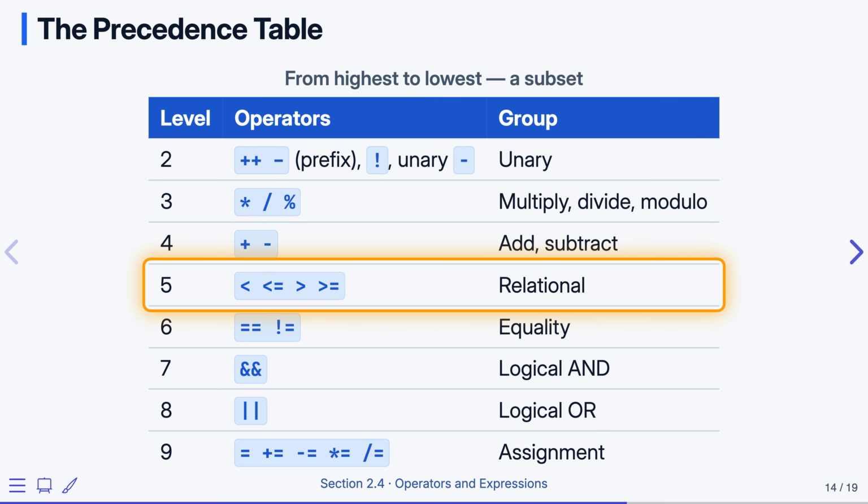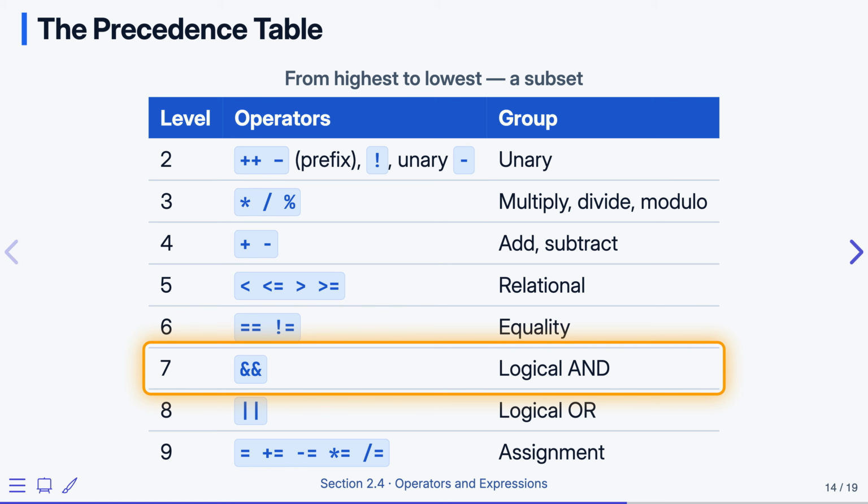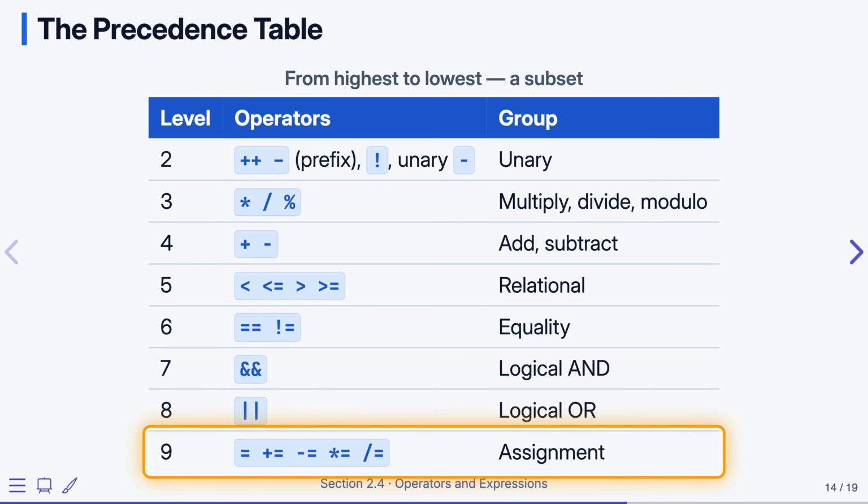Then the relational comparisons, like less than and greater than. Then equality, that is double equals and not equal. Then logical and. Then logical OR. And assignment happens last. So arithmetic runs before comparison, comparison runs before logic, and everything runs before assignment. When you are not sure, just add parentheses. They cost nothing and they prevent bugs.